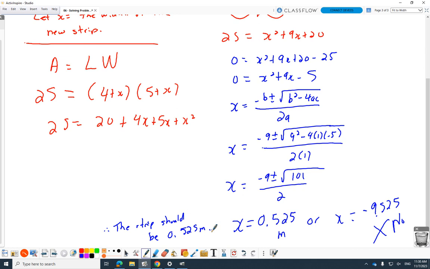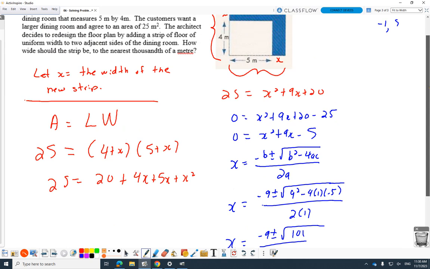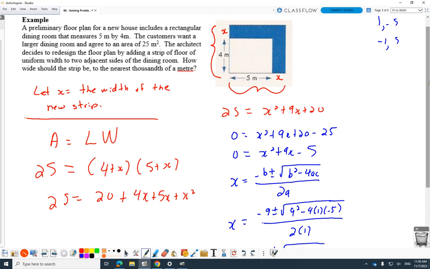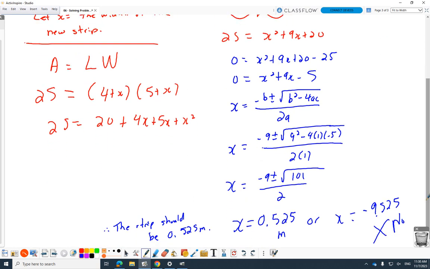If we instead subtracted there, the room would be on the other side, so it would have negative length and width because it's out this side, and it would multiply out to the right thing. Don't worry about that too much. I just don't want you to think the negative is completely meaningless. It's just not what we're looking for in this question. You've run into that before, I think, where the negative answers we ignore. Yeah? Whew, I made it. But hey, what questions do you have on that?